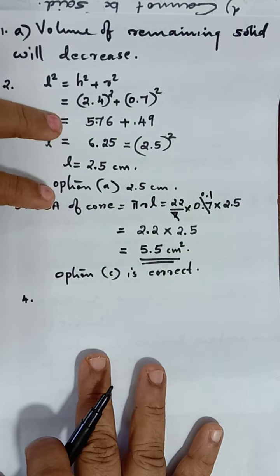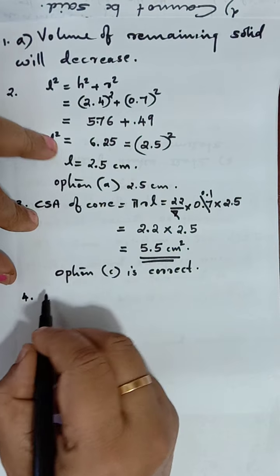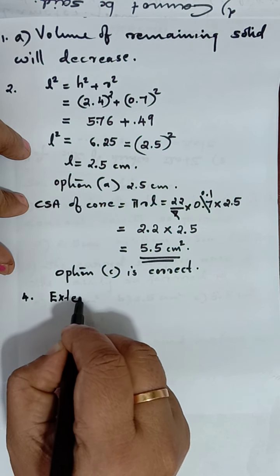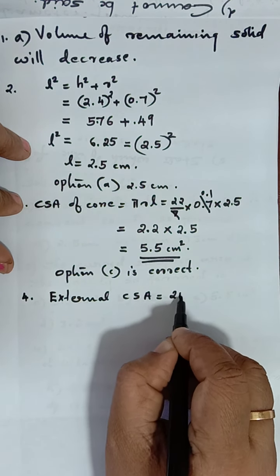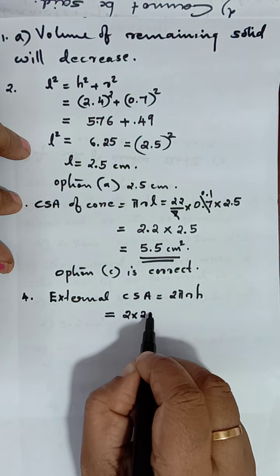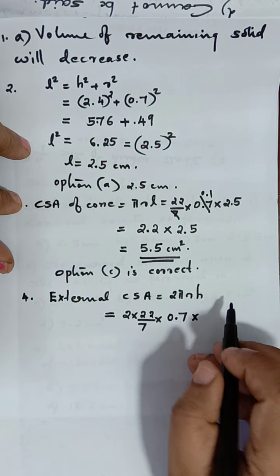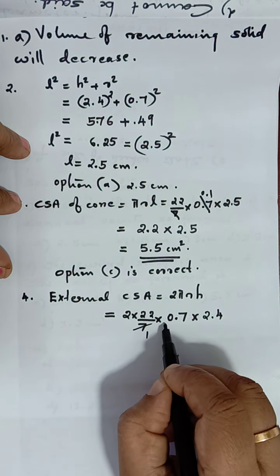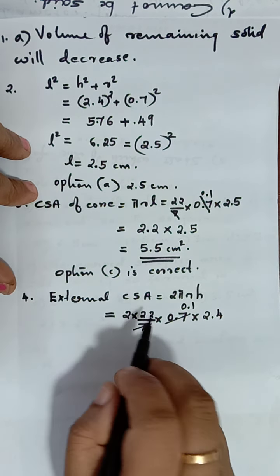So we have to substitute the value. Radius and height, it is the same as it is given. So outer CSA or external CSA. External CSA is equal to 2 pi RH. That's equal to 2 into 22/7 into radius 0.7 into height it is 2.4. Again 7 one time. Here it is 7. 0.1 time.